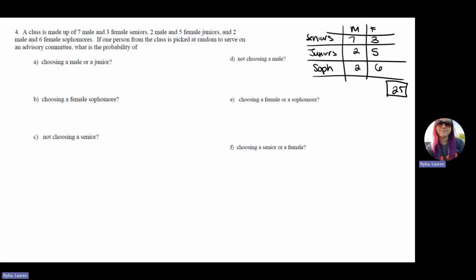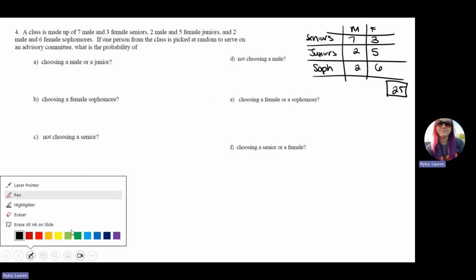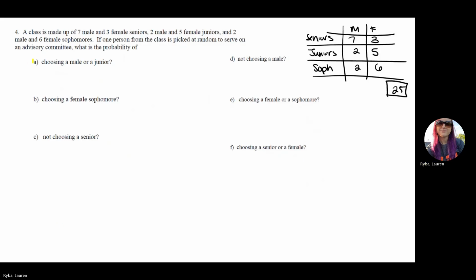If one person from the class is picked at random to serve on an advisory committee, what is the probability of the following? So A says choose a male or a junior. So I want any of the males as well as the juniors.